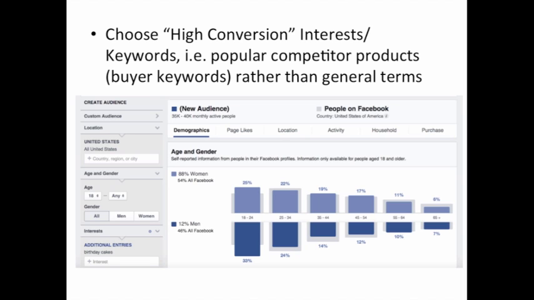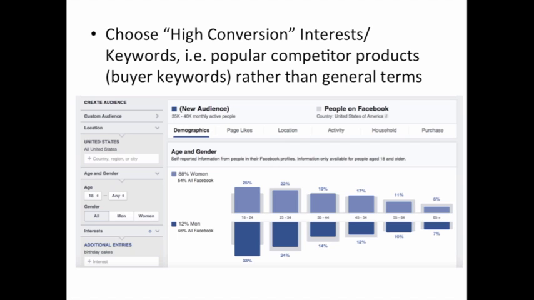So for example, you can type in high conversion interests like competitor products or terms that people interested in buying whatever you have to offer would be interested in. Then it'll give you a breakdown of how many women, how many men are into that, and what age range has the most percentage of people interested in that. And then you can target your ads to those types of demographics.